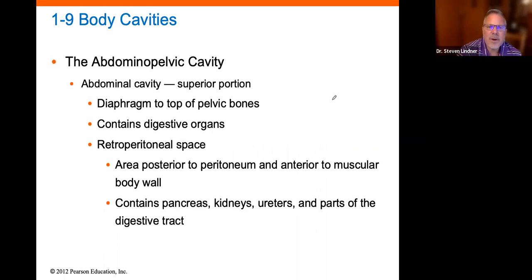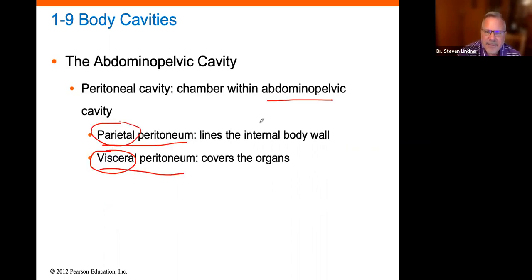So organs that are within the digestive tract, if it's going around the stomach and only the stomach, then that will be the visceral peritoneum. If it's a layer that's just going around the small intestine, it's the visceral peritoneum. If it's a structure that's going around the entire tract that lines the entire cavity, it's the parietal peritoneum.